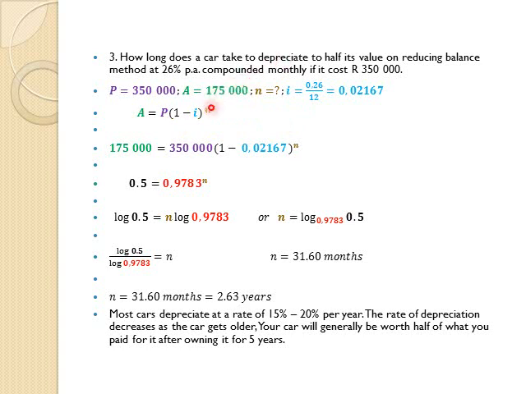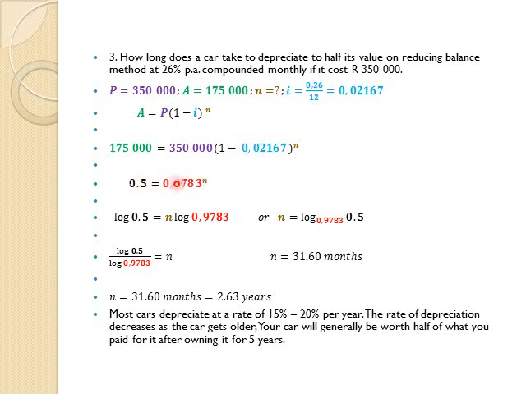So it depreciates, so A equal P, 1 minus i to the power n. A is 175,000, P 350, my interest 0.02167. 175 divided by 350 would give me half, or 0.5. 1 minus that gives me 0.9783 to the power n.